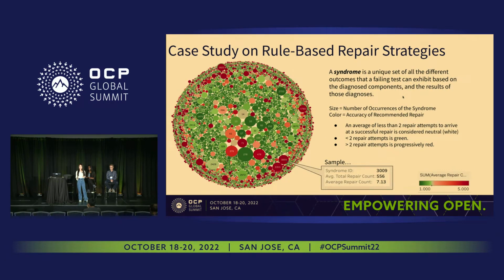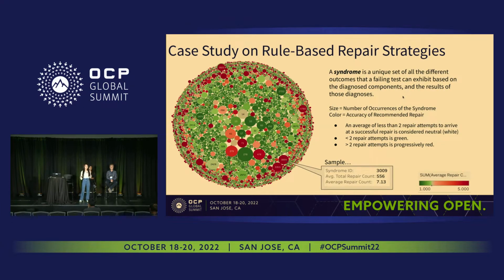And now let's look at another case study we did on how the repair system performs against different test results. These are all the combinations in which our test can fail, where each circle represents a unique syndrome. In the image, the size of the circle represents how frequently the failure happened, and the color represents how many iterations we took to fix the problem.